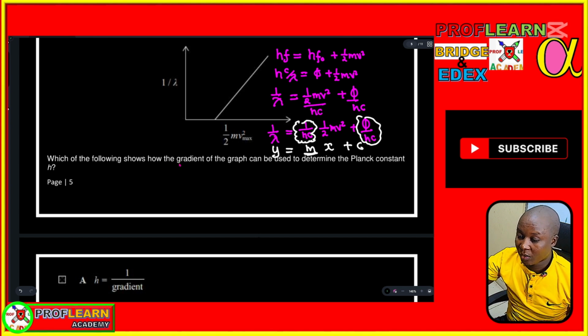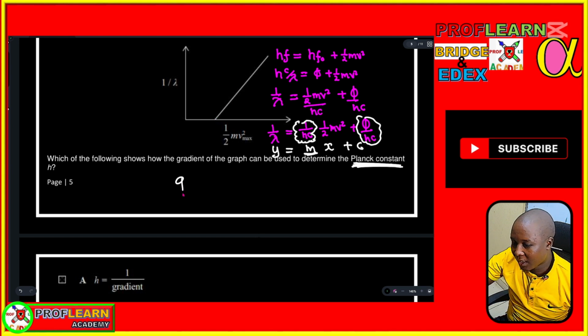Now, which of the following shows how the gradient of the graph can be used to determine Planck's constant? So the gradient of this graph is this part here, gradient equals 1 over hc.